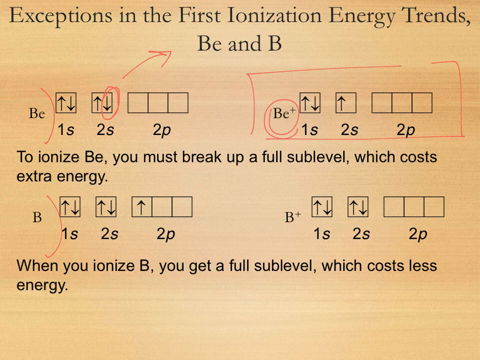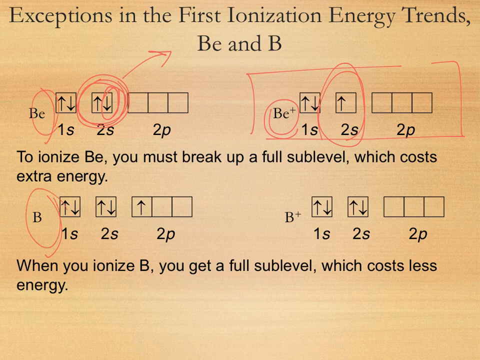In doing so, we have broken up a full sublevel, the 2s sublevel. You might remember me saying in the last lecture that there's a lot of stability to be had with a completely full sublevel, or even completely full orbitals, which are the most stable. So you've disrupted that when you ionize beryllium.